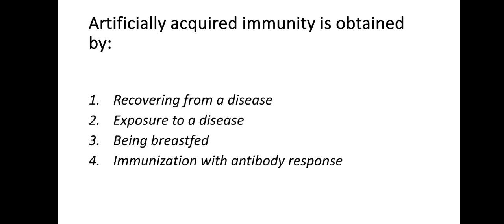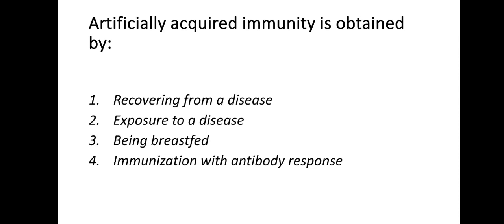Artificially acquired immunity. Immunity is classified into several classifications. Simply, natural and artificial immunity are there. Under natural immunity, natural passive and natural active immunity are there. In natural passive immunity, an example is breastfeeding. Antibodies we get through breastfeeding are natural passive immunity.